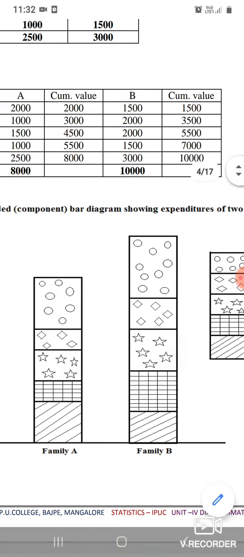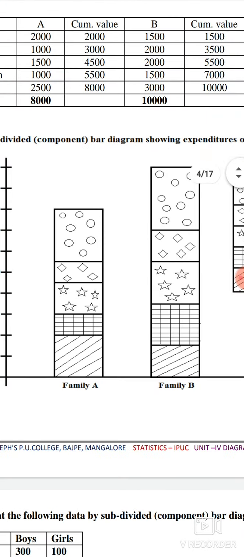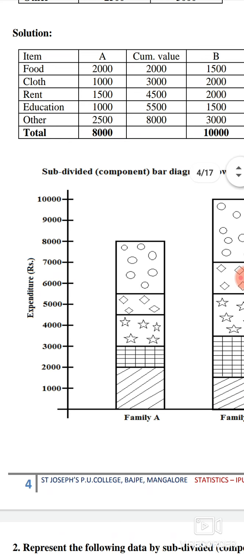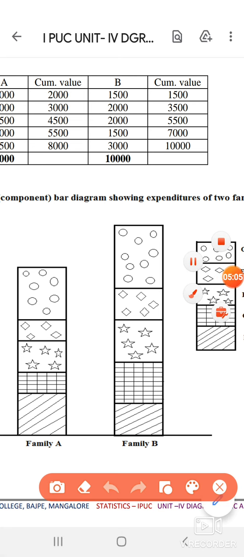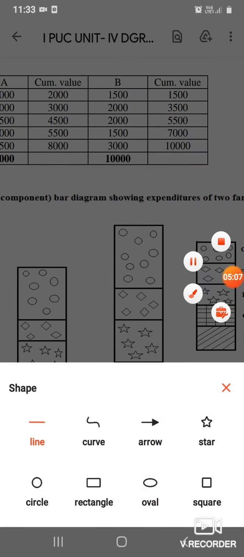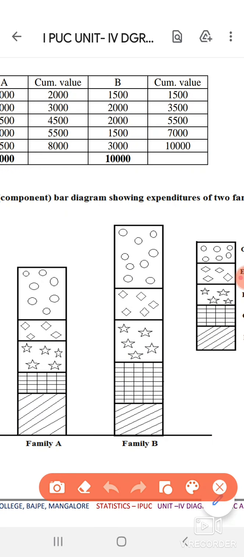Now take families on the x axis and these expenditures, that is cumulative totals. You have to see the cumulative totals. I'll just show you here. To observe the maximum and minimum value in these cumulative totals, together you have to observe.